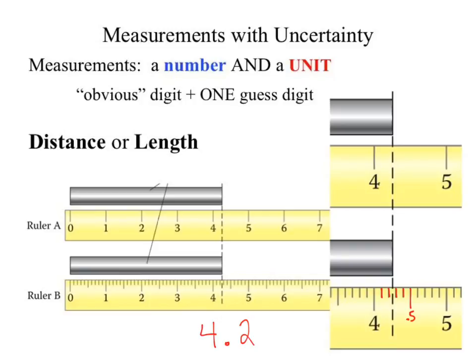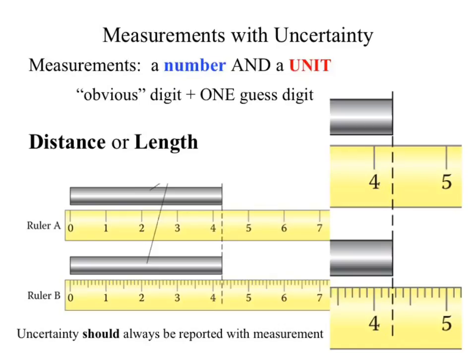And now we have a guess digit. 5, I'm okay with that. Plus or minus 0.01, why not? Centimeters. Okay? Make sense? Theoretically, always report the uncertainty. And again, you probably never will.